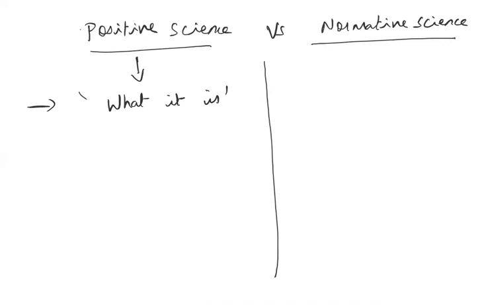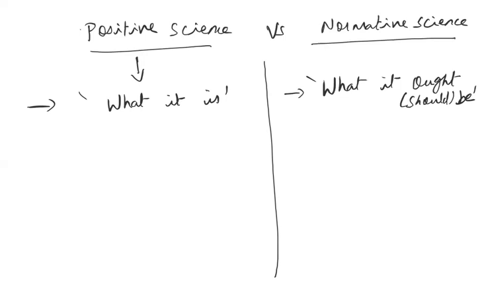Whereas the normative science tells not only what it is, but what it ought to be, or in other words, what it should be. So what does it say? Overpopulation leads to poverty, and then suggestions also, poverty is not good, what the country has to do. All those suggestions are also given under normative science, isn't it?